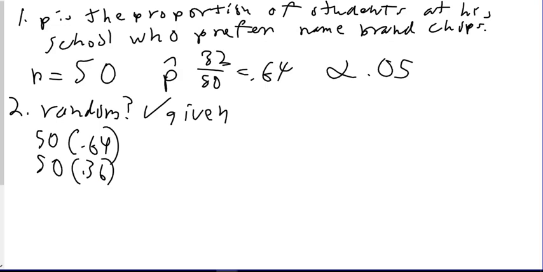And that's going to give me 32 and 18. And that's both greater than 10, so check. We're getting kind of small. We've had some pretty huge numbers recently. We're getting lower, 18, but 18 is still greater than 10. We're good to go.